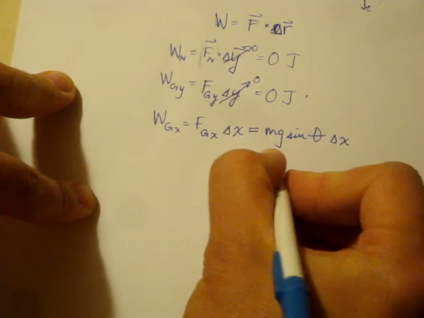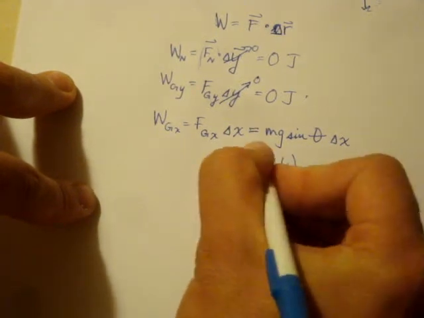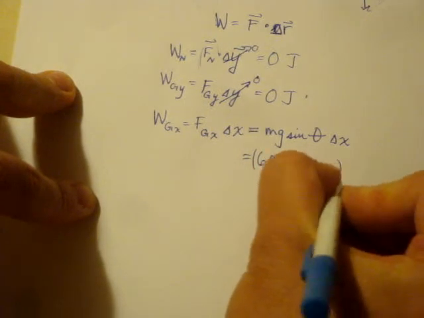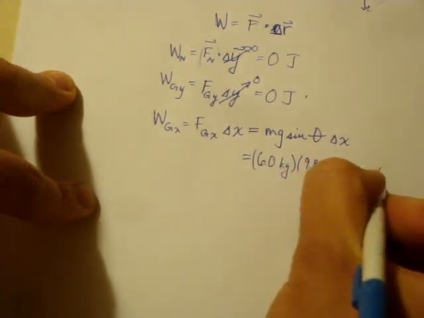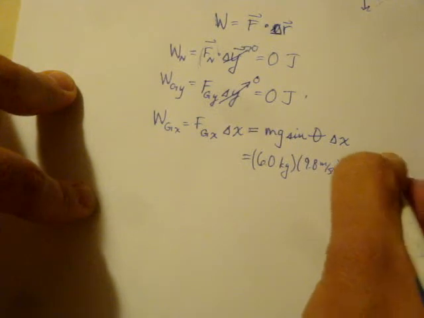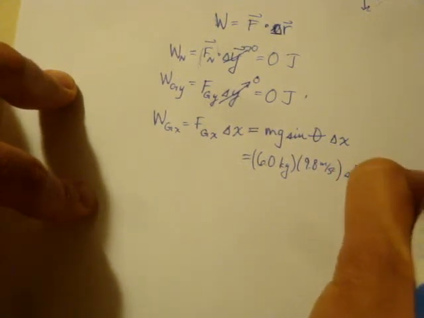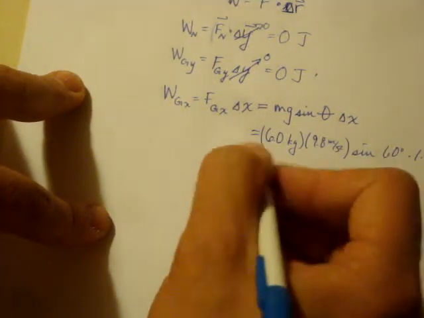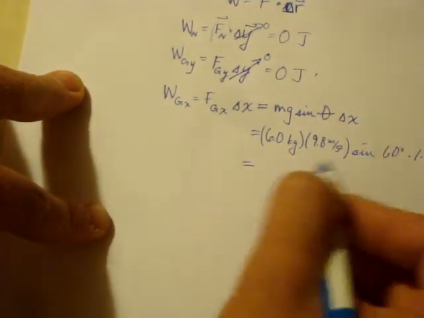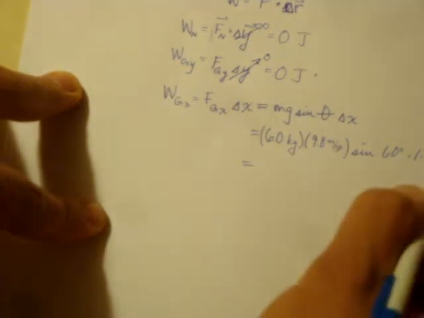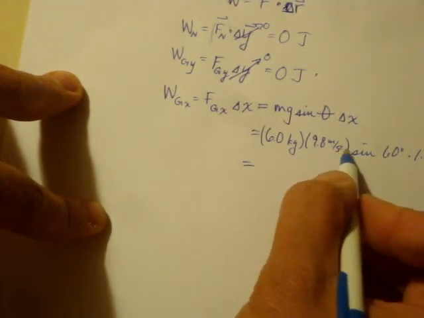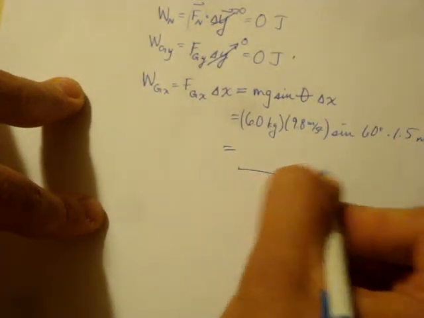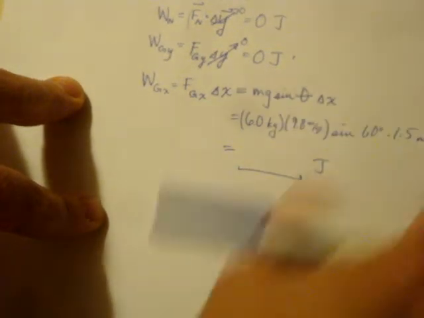The mass is 6 kilograms, gravity is 9.8 meters per second squared, sine of 60 degrees, and delta x is 1.5 meters. So we can plug in the values and get some answer in work, which will have units of kilograms times meters squared divided by second squared, which is what joules is. I'm not going to take the time to do the calculation, but it's some value in joules.